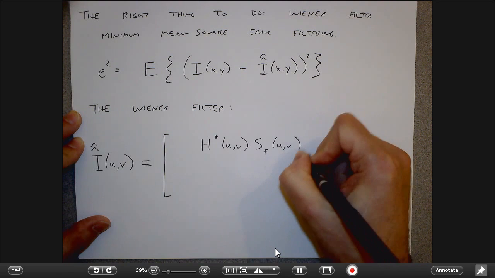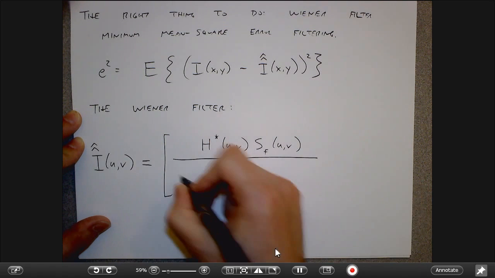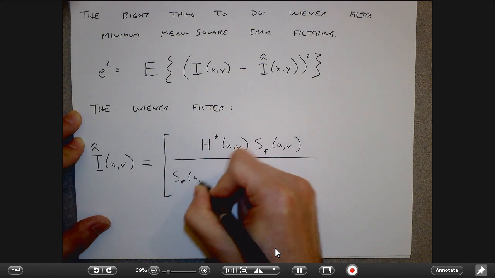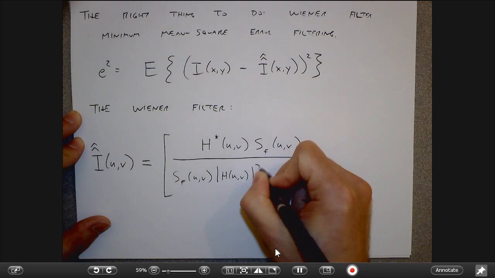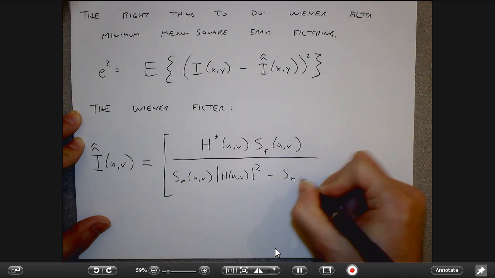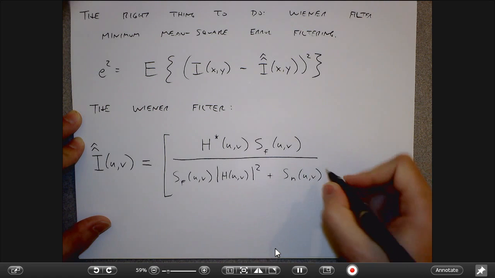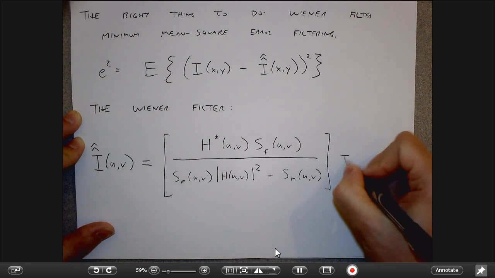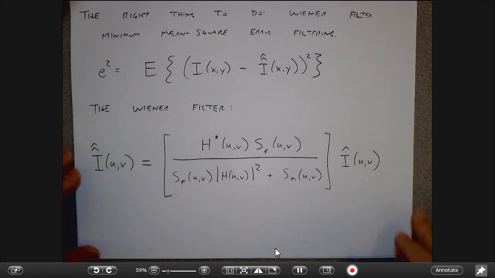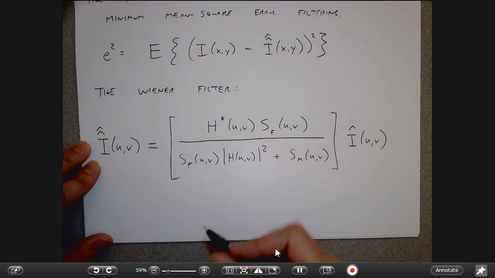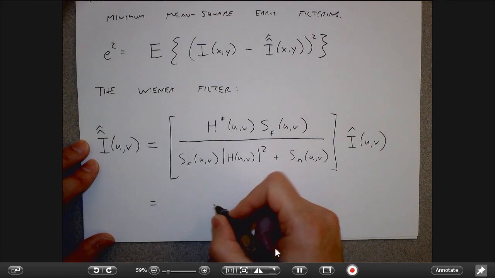I'm going to write this down, and then I'm going to explain it. And actually, I'm going to write this in a slightly different way while you guys are writing that down.